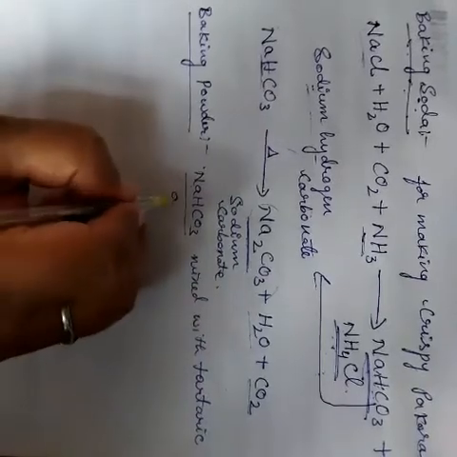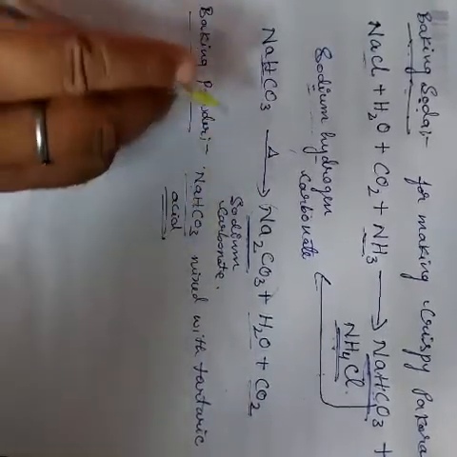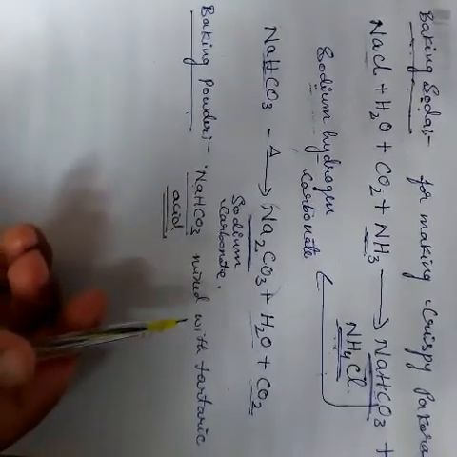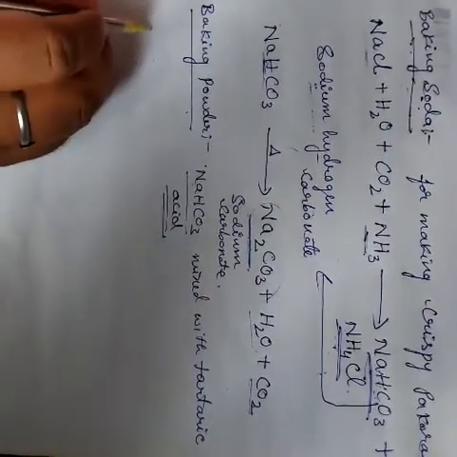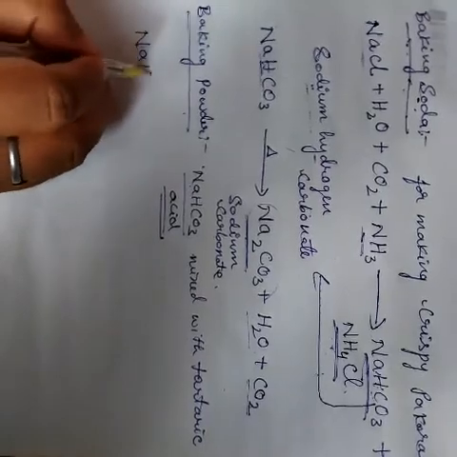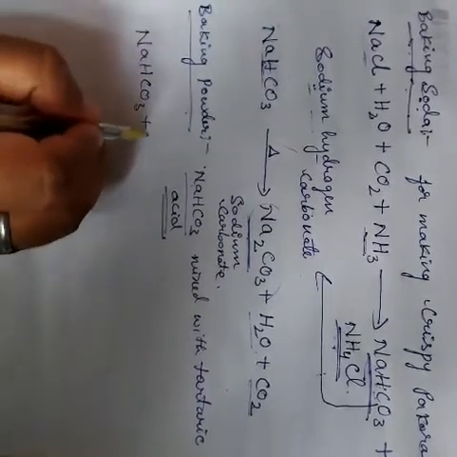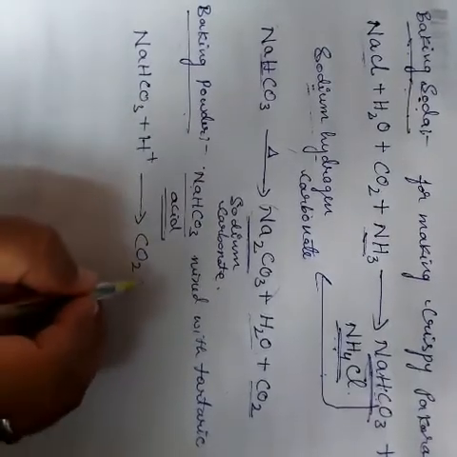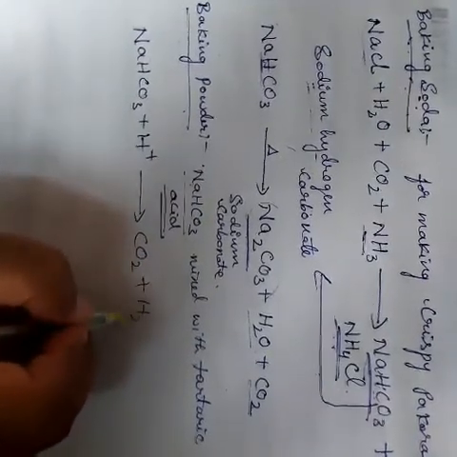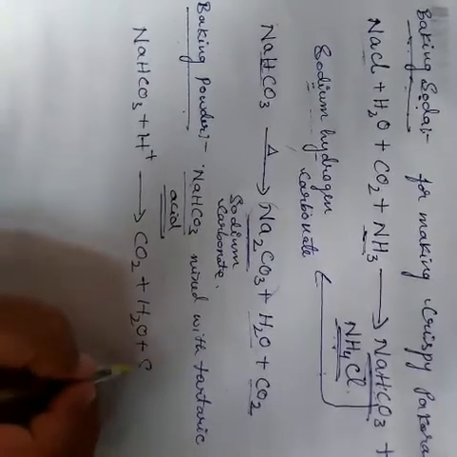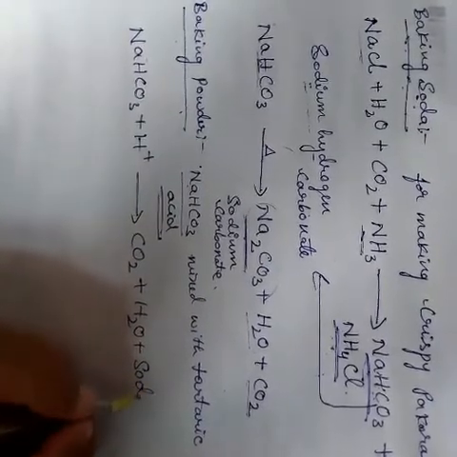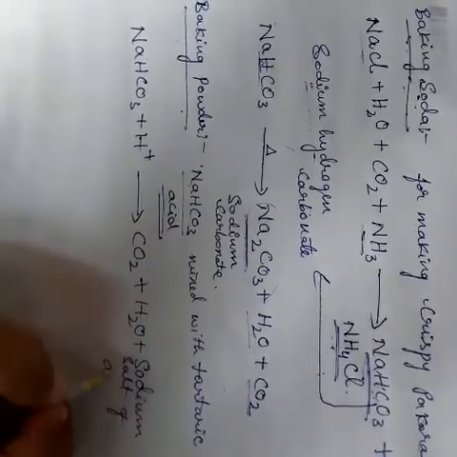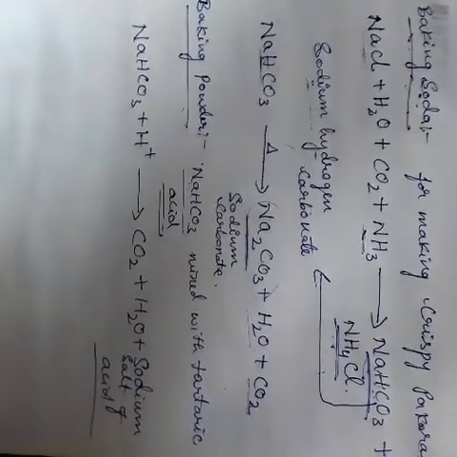Some amount of tartaric acid is added. This forms baking powder, with heating and with water. So the formation is NaHCO3 plus H plus gives CO2, H2O plus the sodium salt of the acid. This is baking powder.